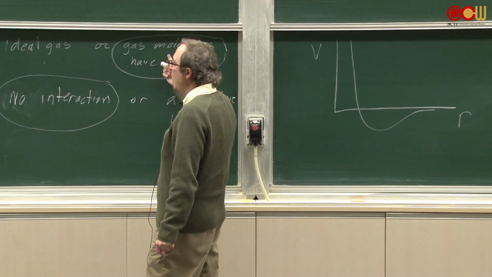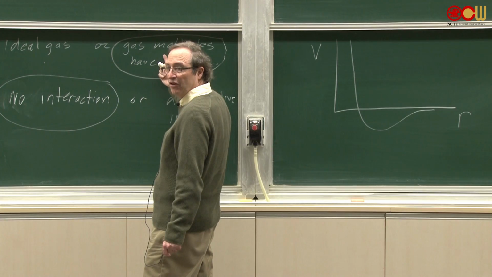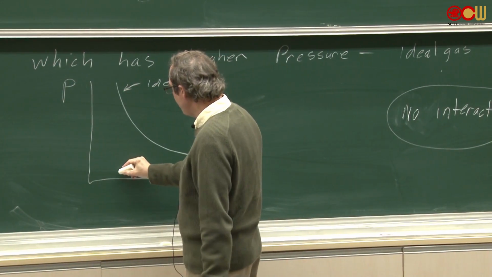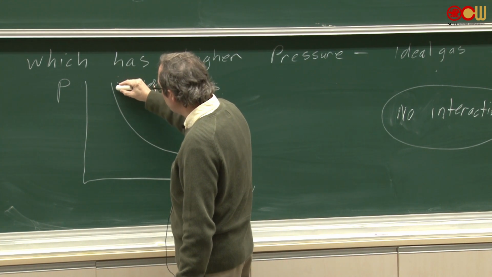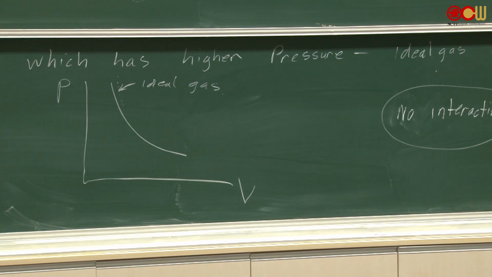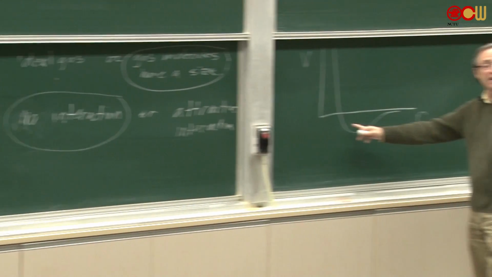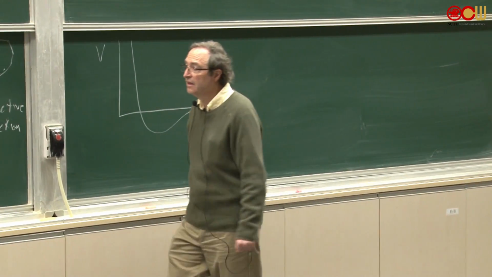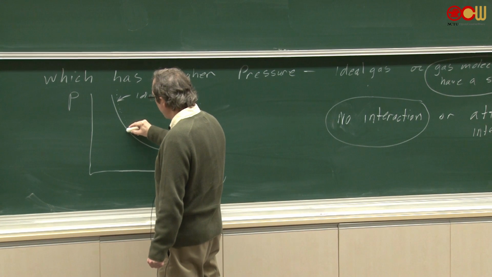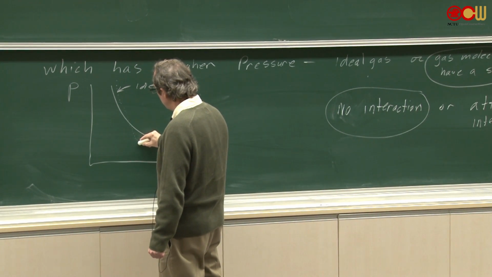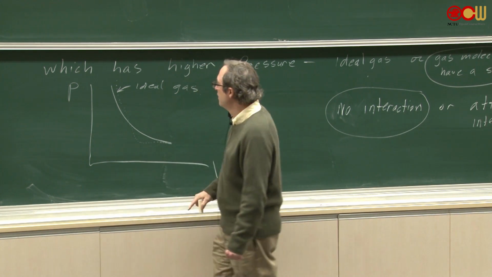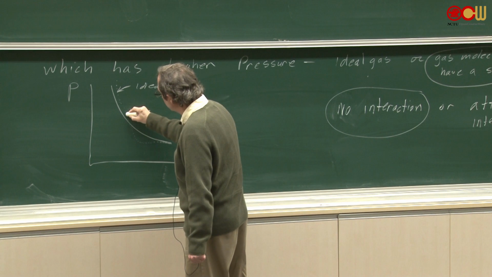So the gas molecules have a higher pressure at the higher densities. So up here, at a given volume, we would have a higher pressure. But then as the attraction comes in, it starts to bring it back in. And so what you have is this will go lower. It'll actually cross the ideal gas law. And then it'll come back and follow the ideal gas law. So this is what a real gas would look like.